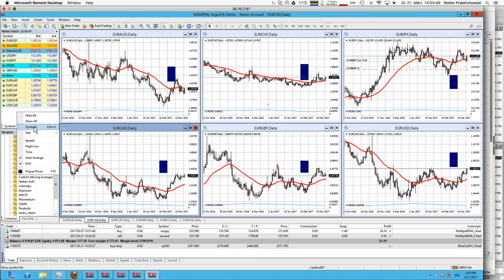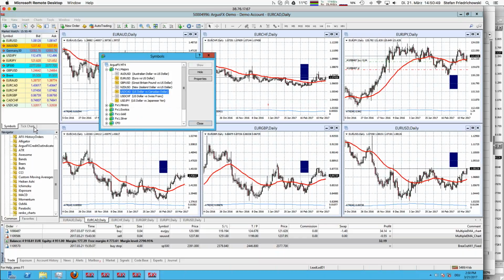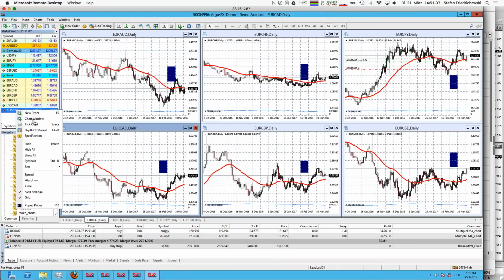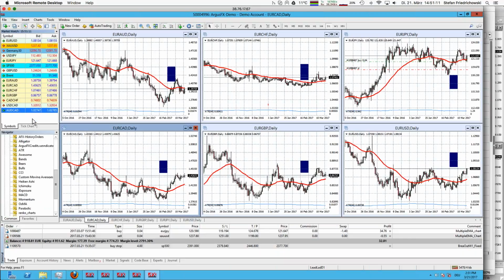So we need a new symbol here, and that symbol is within the list of minus. So it's Australian dollar, Canadian dollar. And now we open a chart with that symbol in order to simply have a look at what might be a good trading opportunity here.